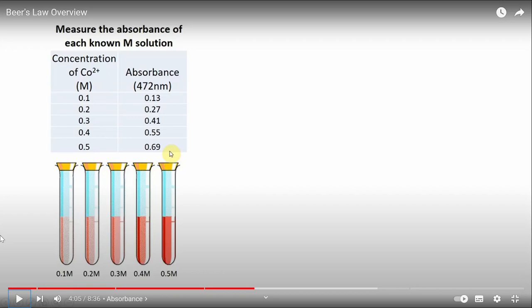Yes? They would have run earlier on, though they don't show it here, a spectrum like the one we saw earlier today, and they would have picked the highest peak, and whatever that wavelength is, that would be the 472.